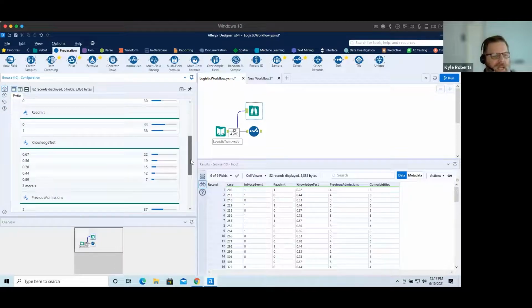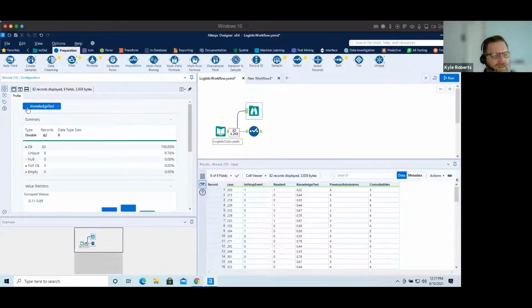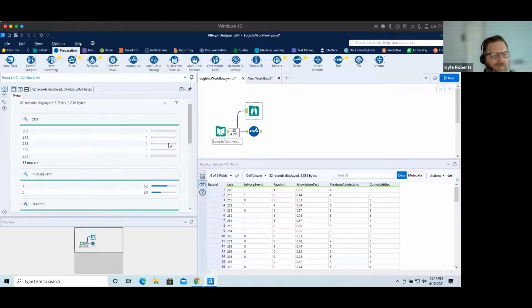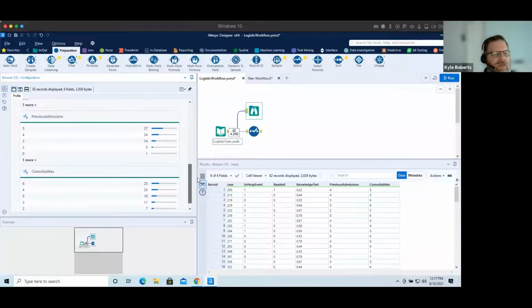The knowledge test, so you can see the values for that knowledge test. It looks like the high is about 89 and the low is about 11%. Then also previous admissions, looks like you have values anywhere from 0 to 5.